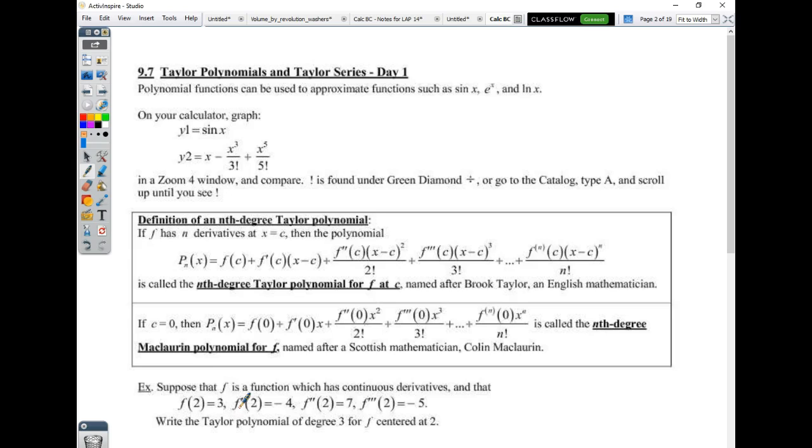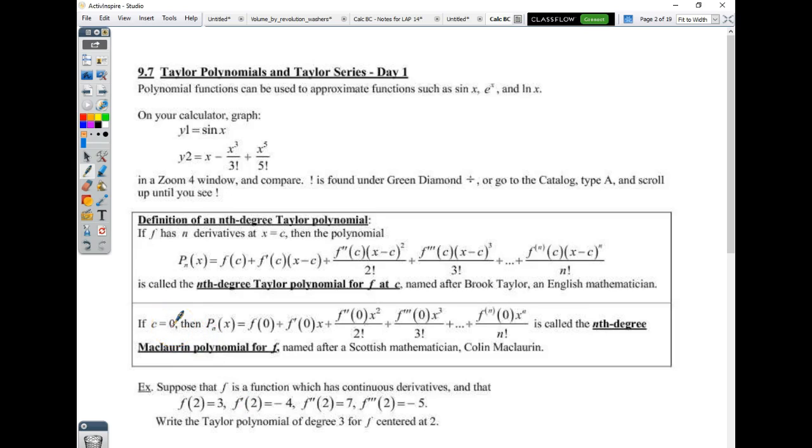Anyways, a Taylor polynomial and a Maclaurin polynomial, these two guys found these out about the same time, and they're very similar to each other. The difference is going to be what's called the center. And the center is going to be the spot that I want to originate my polynomial off of. A lot of times we're going to prefer a Maclaurin polynomial because it's centered at 0.